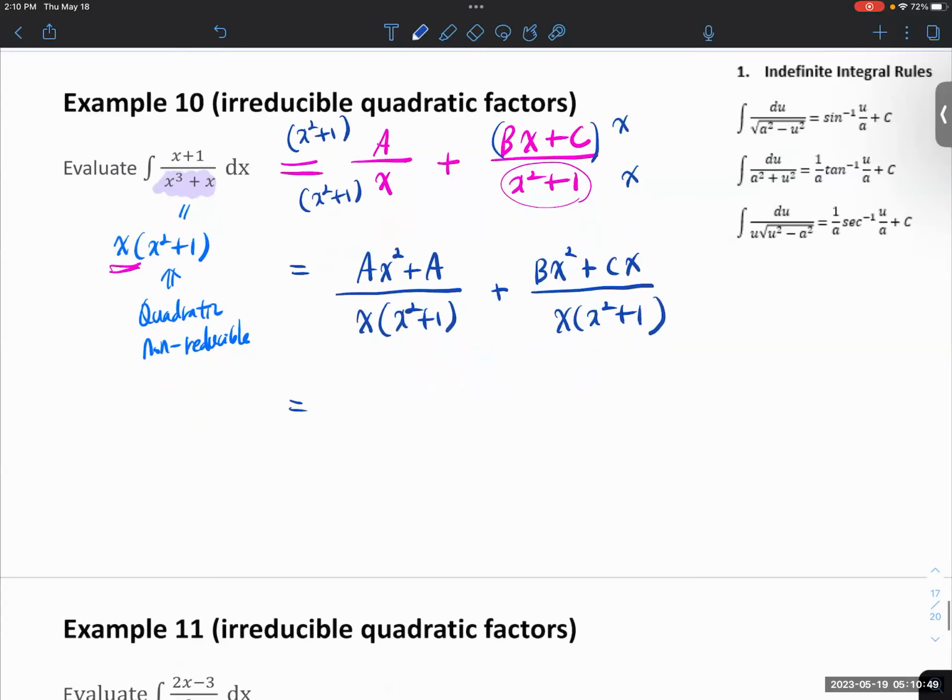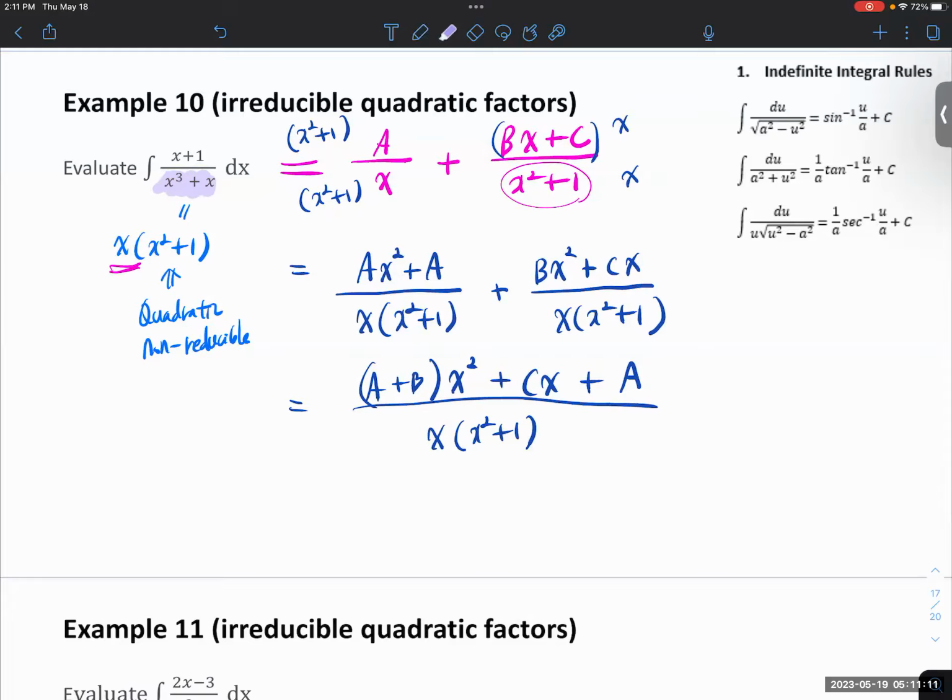Now you can combine them. Ax squared plus Bx squared are the same family, x squared family, and then the x family, and then the constant, correct?